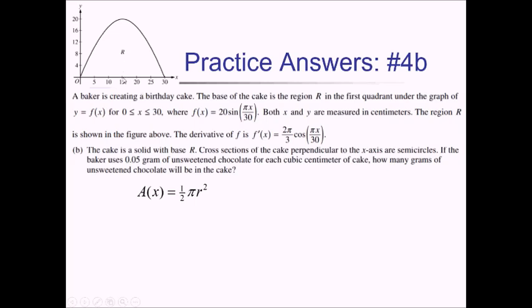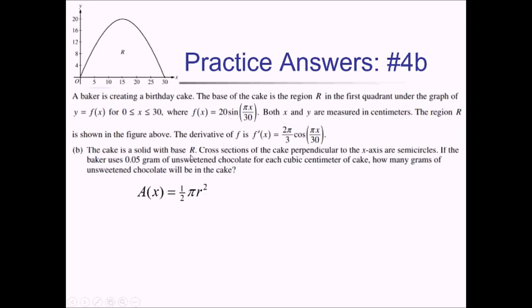Well, if the semicircles are going from one end of this bounded region to the other, that's the whole distance across the bounded region that this f of x function is giving you. This f of x function is giving you the diameter of the semicircles. But we don't want the diameter, we want the radius. So instead of r, I'm going to write 1/2 of f of x.